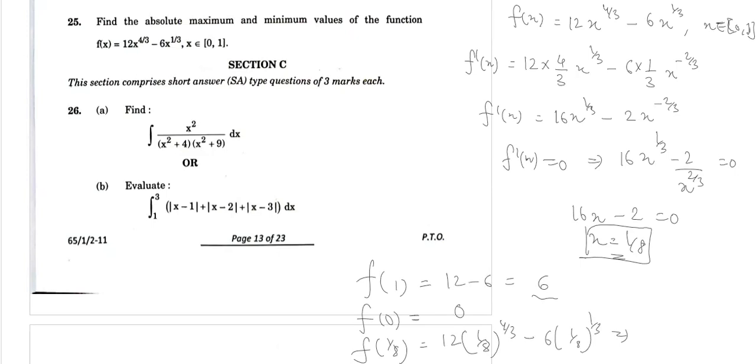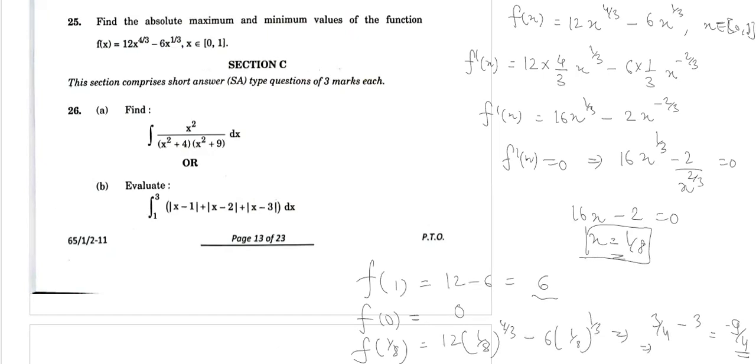So 12 by 16, that is 3 by 4, minus 6 by 2, that is 3. 3 by 4 minus 3 is minus 9 by 4. Okay. So minus 9 by 4 will be minimum.